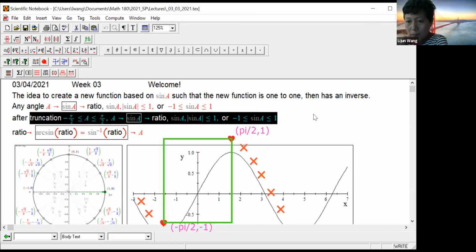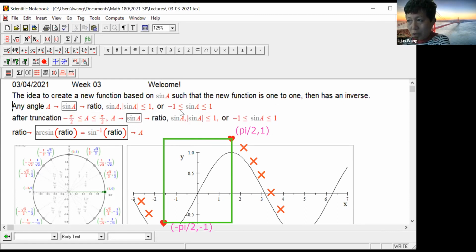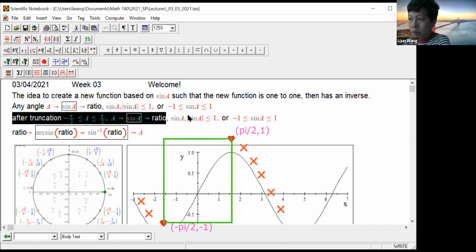Well, in 99.999% of the cases, when we talk about sine, we still talk about the function as we knew it, where the input is any angle and the output is between negative 1 and 1. Do you follow me? So this is like in the background.